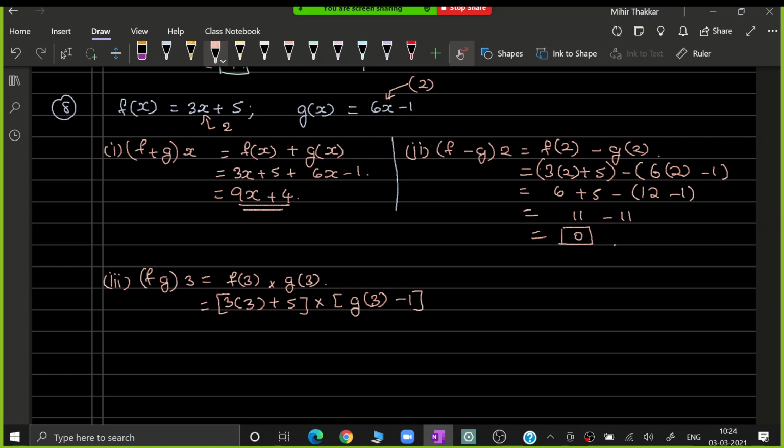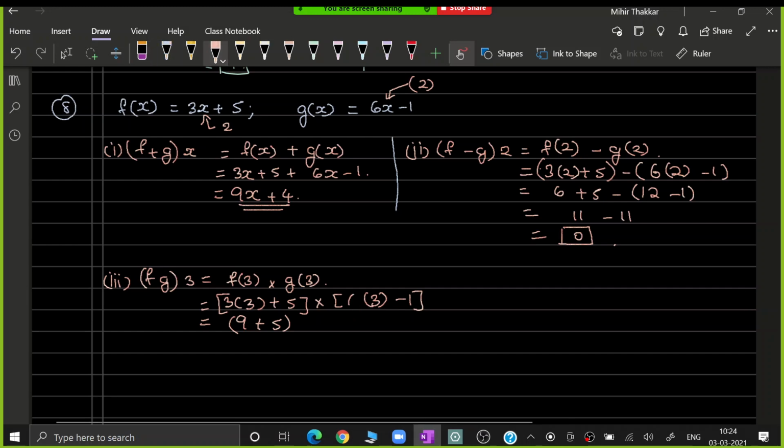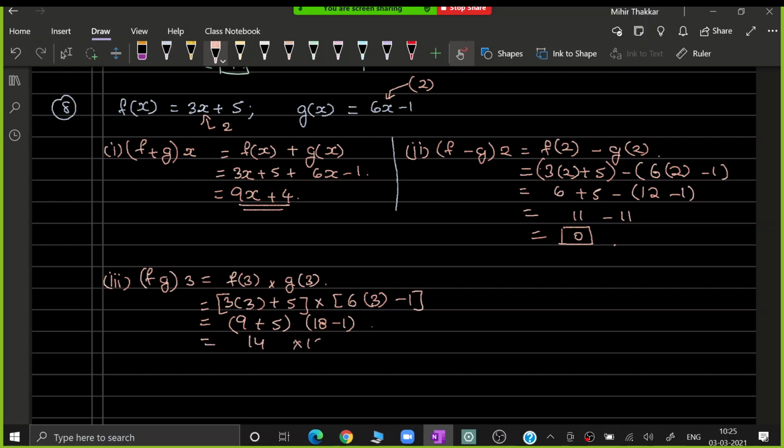Now just simplify this. So 9 plus 5, that is 14, multiplied by 18 minus 1, that is 17. Just multiply these both numbers, guys. See what you are getting. You should get it as 238. That is your required value for fg of 3.